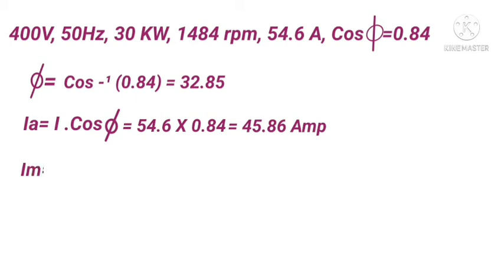Now to calculate the magnetizing component, Im, it's again equal to I multiplied by sine of phi. Phi we have already calculated.